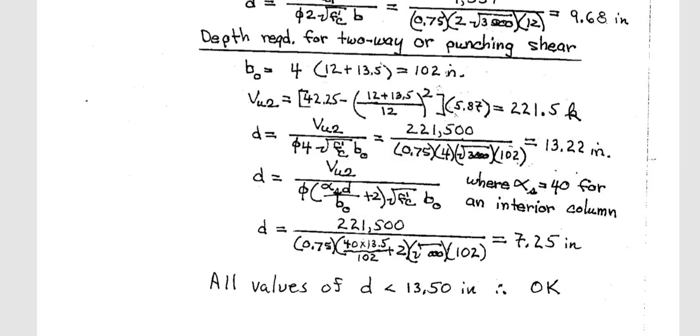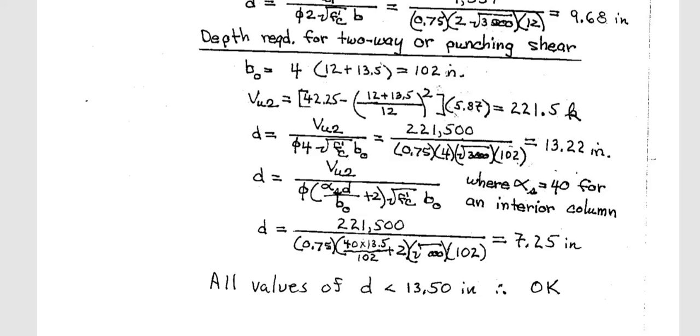After calculation, we found 13.22 inch is required based on punching shear. How much are we providing? 13.5. It is very close, but we are providing slightly more. So we are still on the good side, and they are very close. That means my design is very economic.